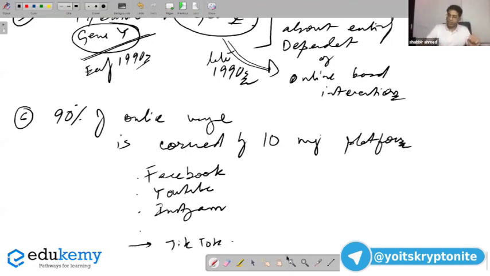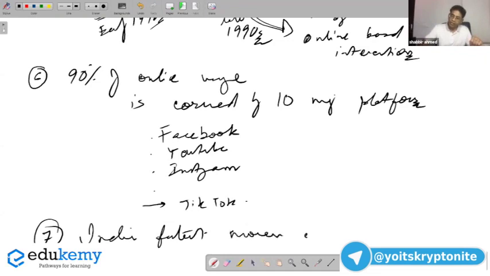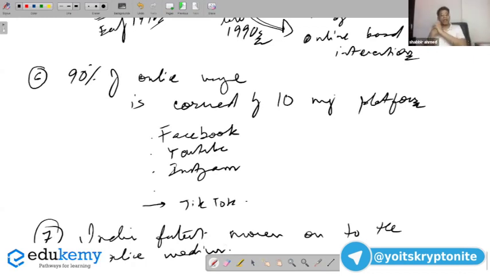Okay, so this is some data, and one more data you might know is that India is one of the fastest movers onto the online medium. We started a bit slowly because of our infrastructure, but we are one of the fastest movers onto the online medium.